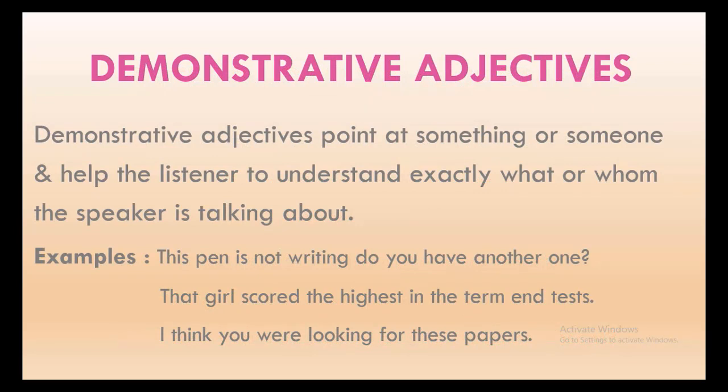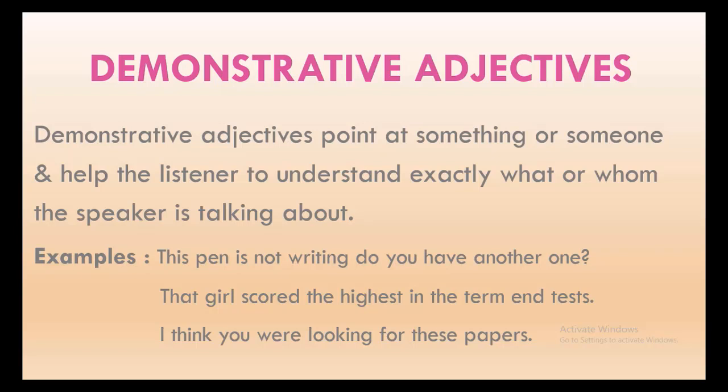Demonstrative adjectives. Last but not the least are demonstrative adjectives. As you know, demonstrative means to show. So we can say that demonstrative adjectives show or point at something and help the listener to understand exactly what or whom the speaker is talking about. See the examples. This pen is not writing.